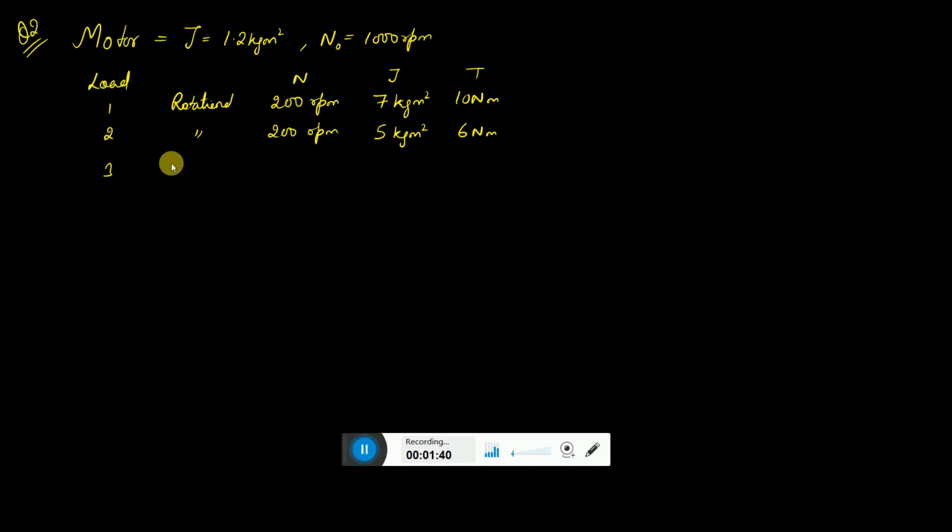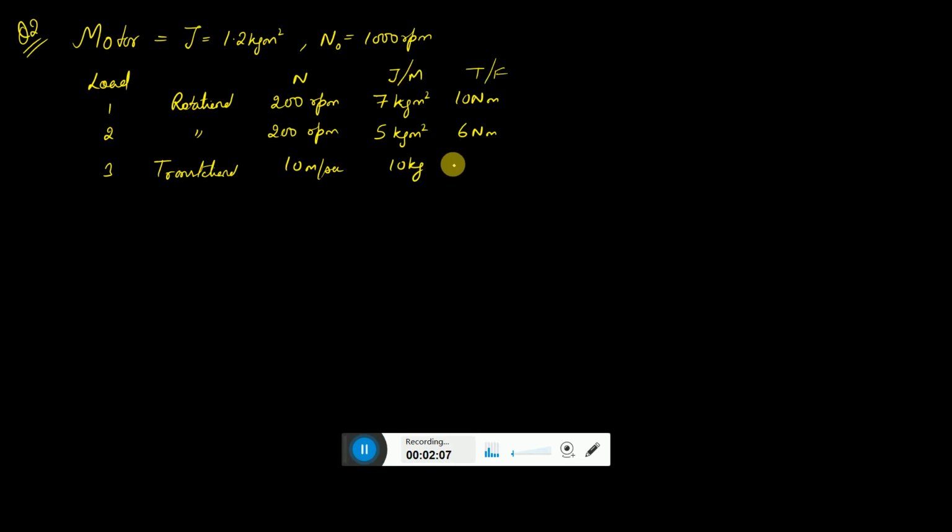Third is the translation motion, having the speed equal to 10 meter per second. Mass is 10 kg. And here it will not be torque, it will be force and mass.